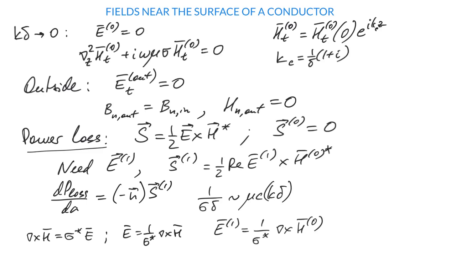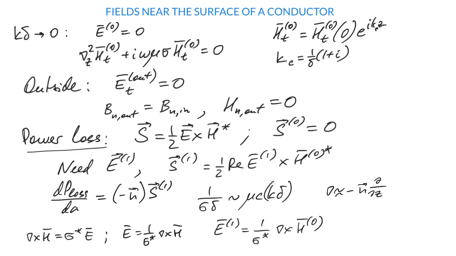Now, if we want to get this leading order in k delta, as we just discussed, we need to get the 1 / delta from the del operator, which means that we're taking the normal derivative of the magnetic field. So approximately this del operator can be replaced by negative n d by dz, where n is the surface normal.